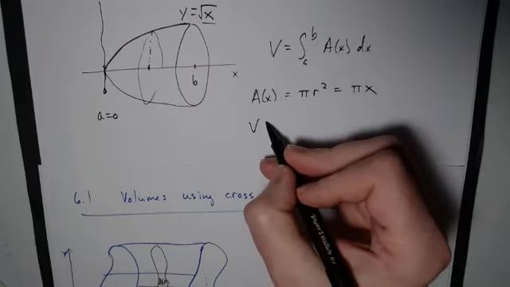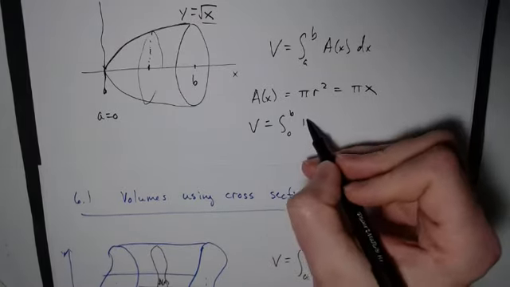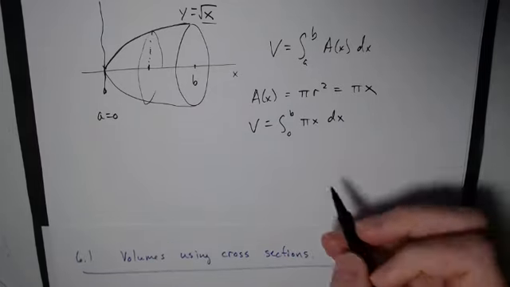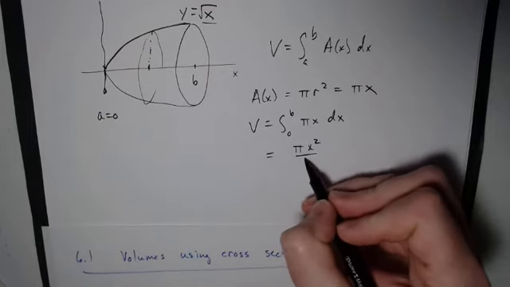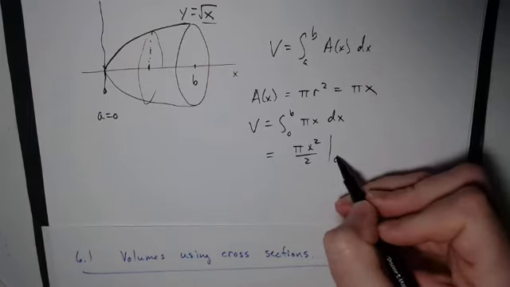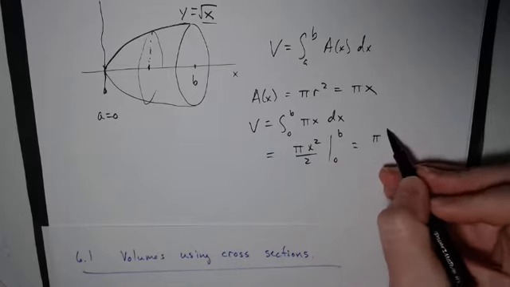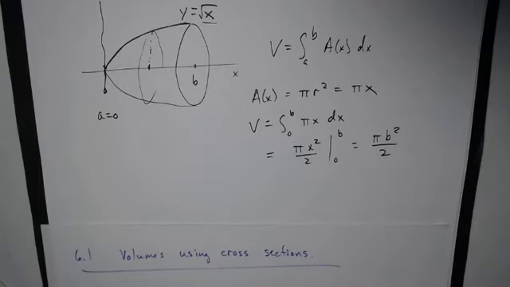So the volume here becomes the integral from 0 to b of pi x dx. So that's the integral of pi x squared over 2 as x goes from 0 to b. So that's going to be pi b squared over 2.